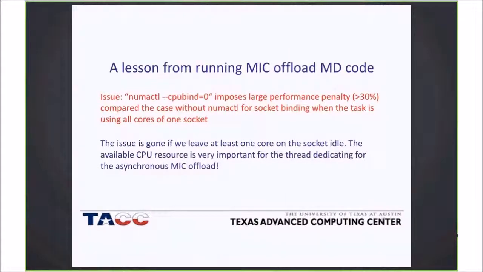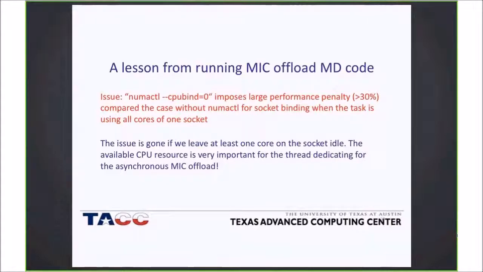I would also like to share a lesson we learned from running MIC offload and native mode in this project. Here is the issue we found. The numactl control for CPU binding to a socket imposes a large performance penalty, more than 30% compared with the case without numactl control, when the job is using all cores of one socket.